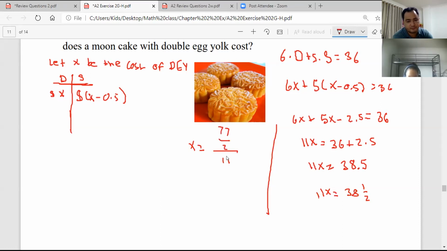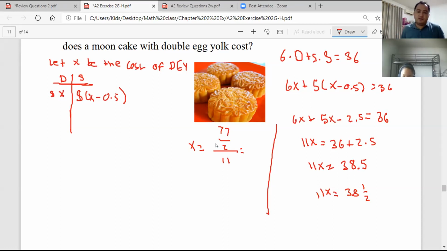77 over 2 over 11. That's 7 over 2, then wait. 11 goes into 77 seven times, and 11 doesn't go into 2.